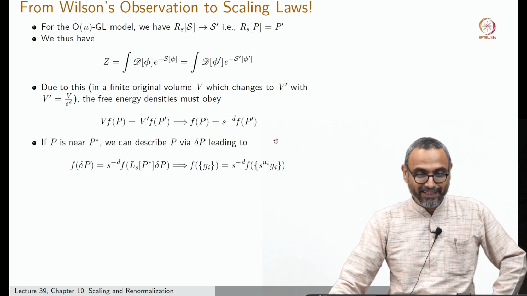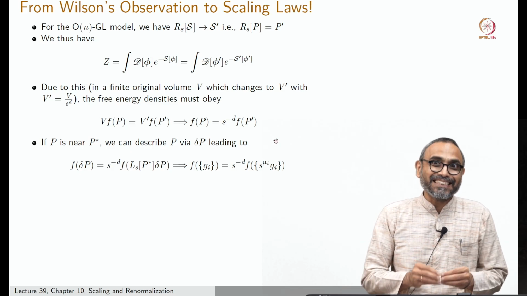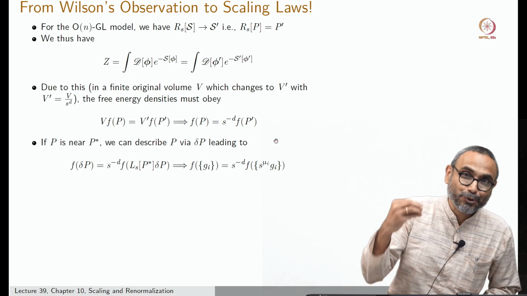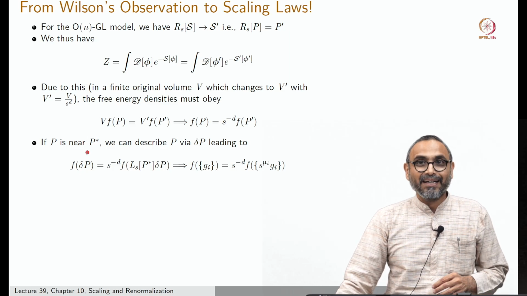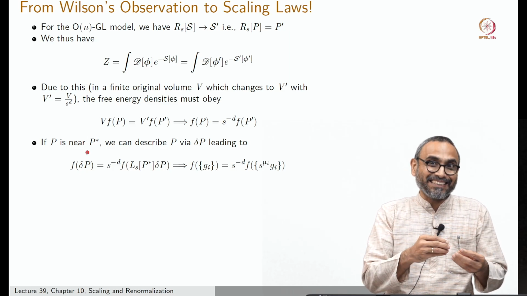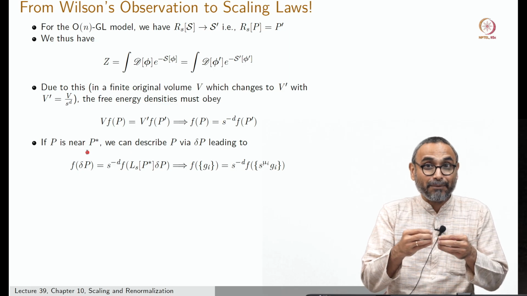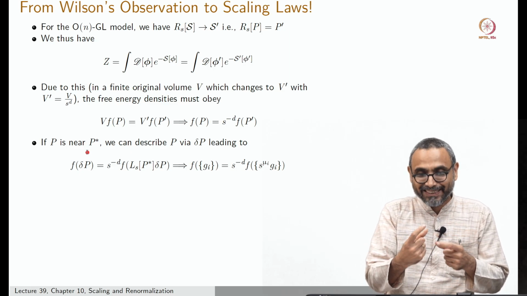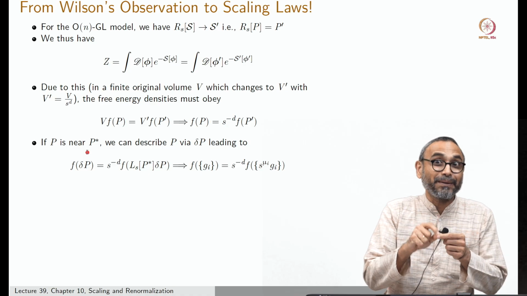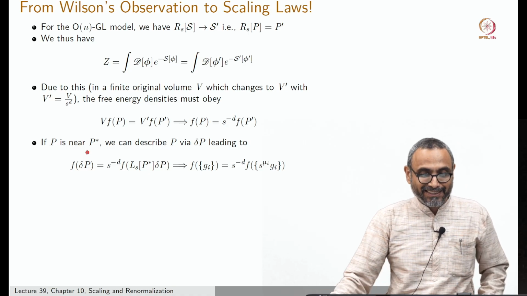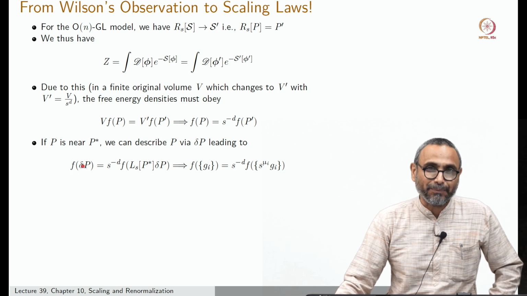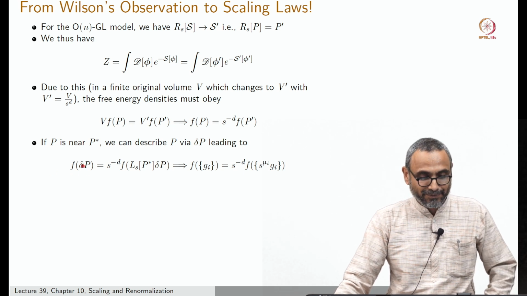Very good. Now, let us imagine that this point P was close to a critical point, let us say P star. Therefore, we know how to parameterize this. P can now be parameterized by delta P, the small vector connecting P star and P. So we can imagine that the free energy is a function of delta P, which is a completely reasonable thing to do.